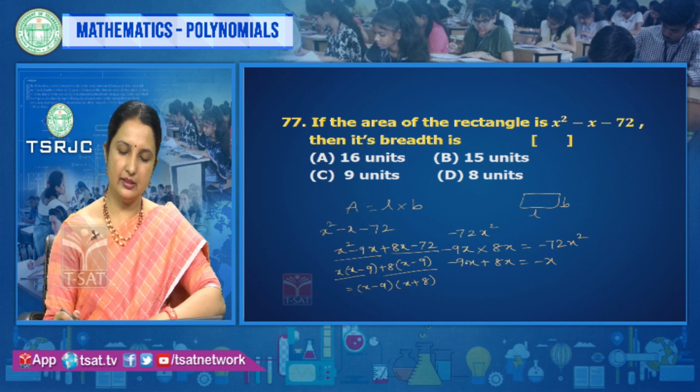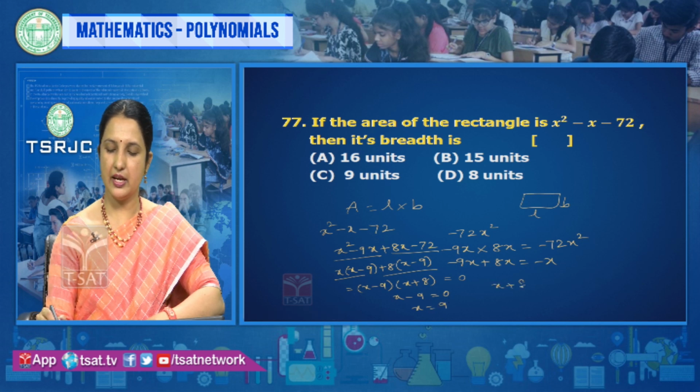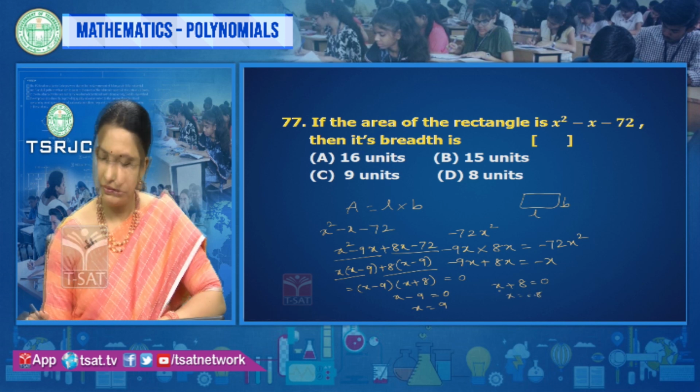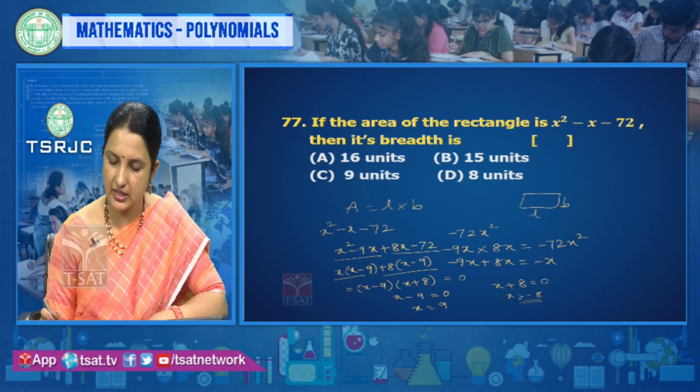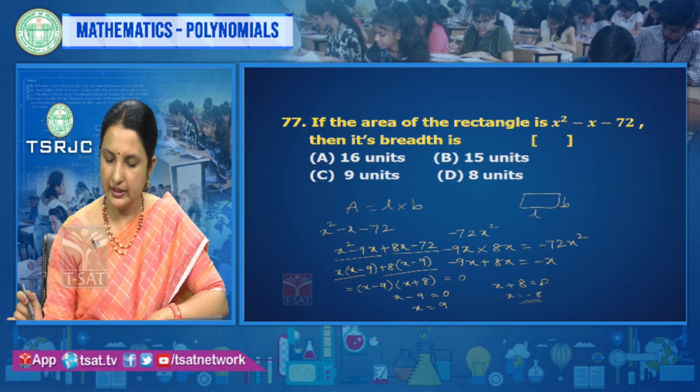Then the length: x minus 9 equals 0, so x equals 9. X plus 8 equals 0, so x equals minus 8. Which one is the lesser one? Minus 8.